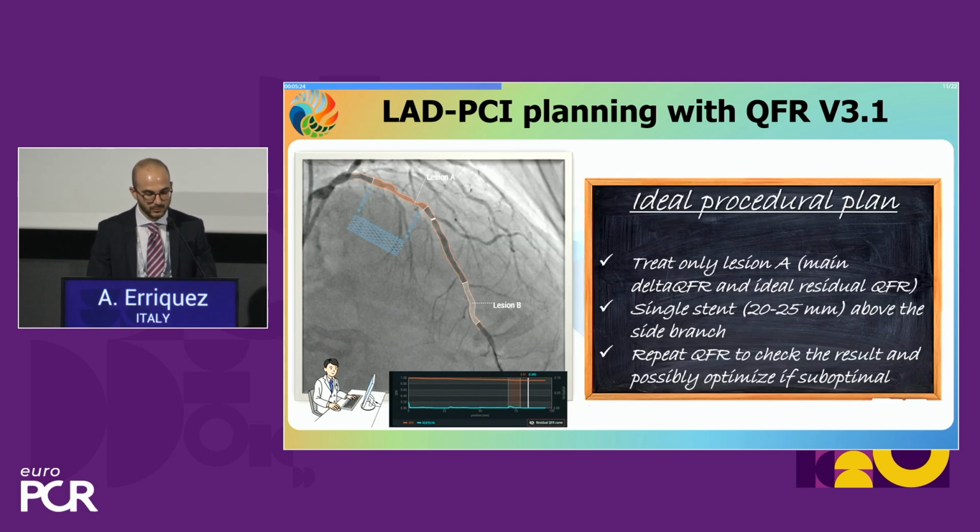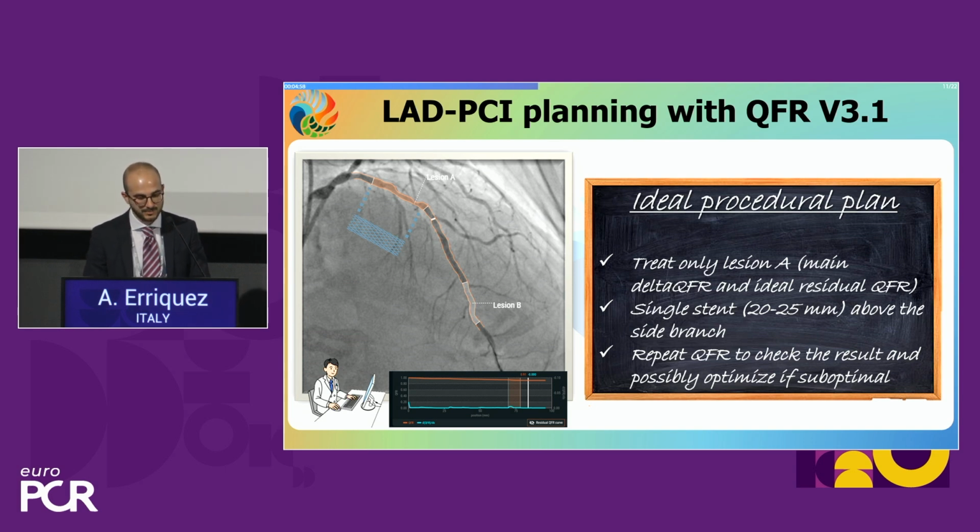This is very useful for us to define an ideal procedural planning for the revascularization of the vessel. In our specific case, we planned to treat only the proximal lesion, because that was the one with the main pressure drop, the main delta QFR, and an ideal residual QFR. So we planned to put a single stent on the proximal LAD, as you can see in this slide.